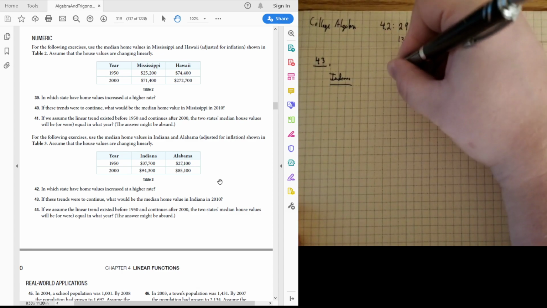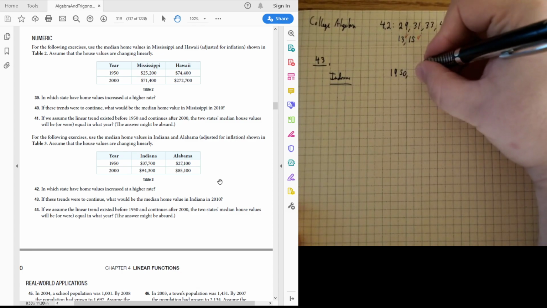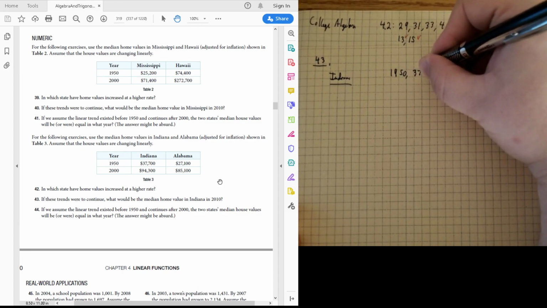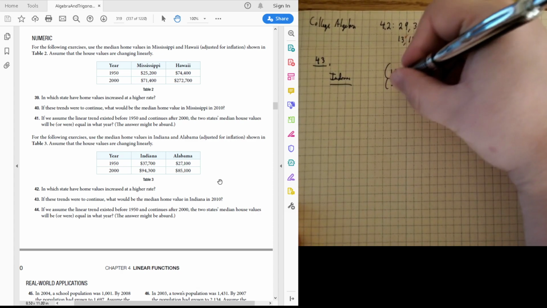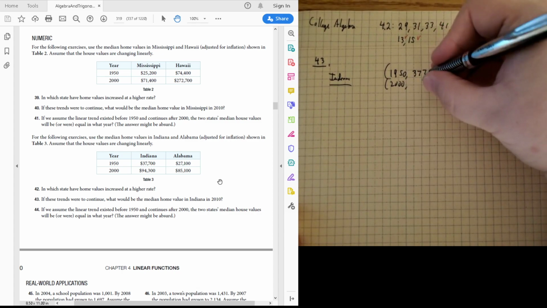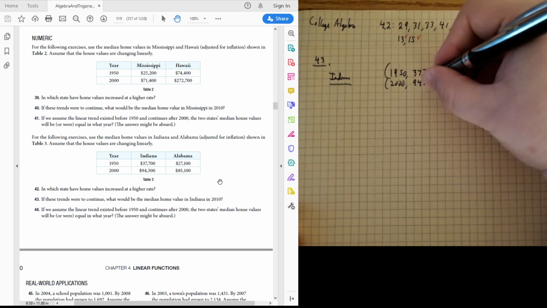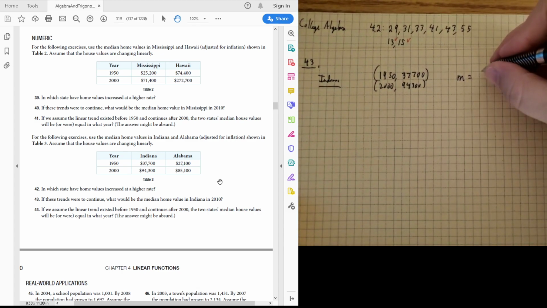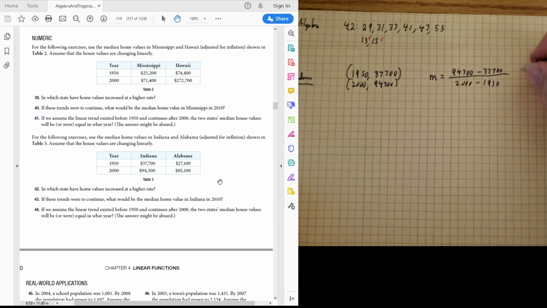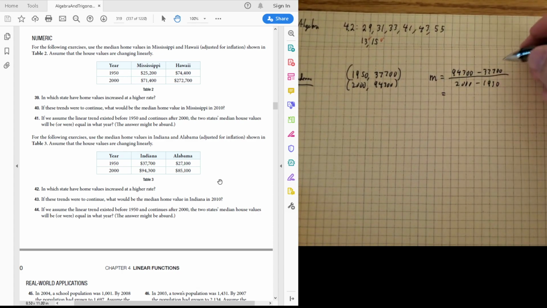So let's take a look. Indiana, we have in 1950, the value of your home was 37700. In the year 2000, the value of the home was 94300. I'm going to start by finding slope. 94300 minus 37700 divided by 2000 minus 1950. And then let's actually solve this thing.